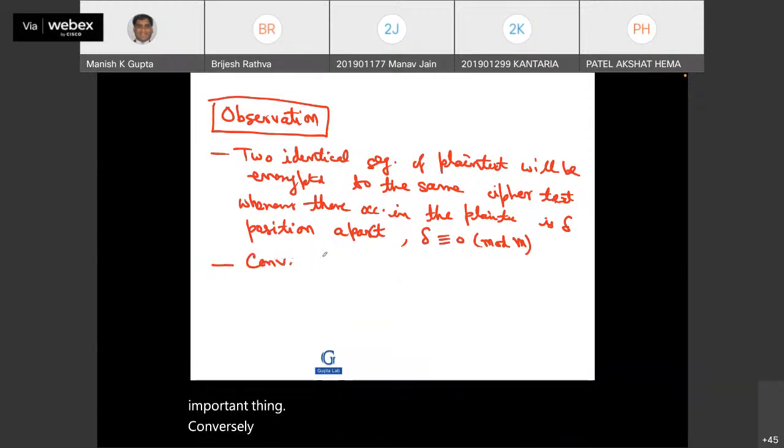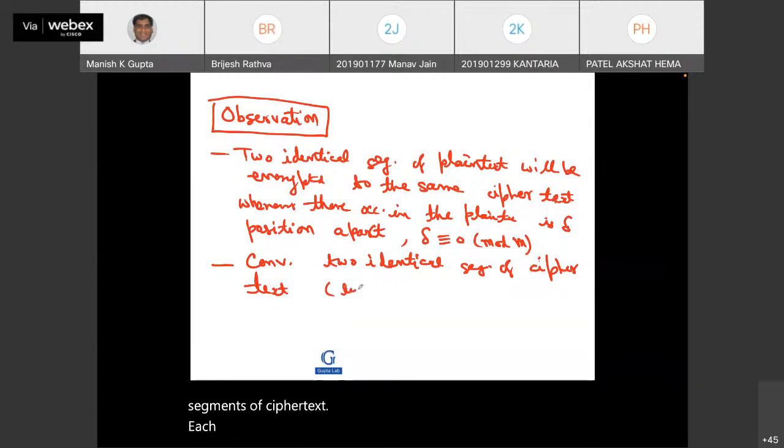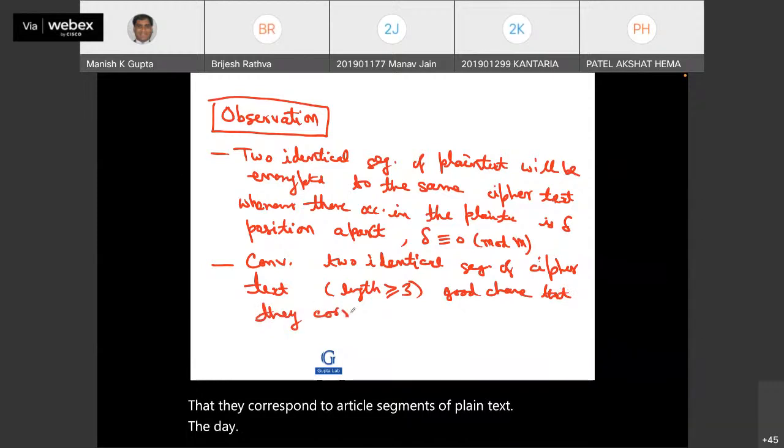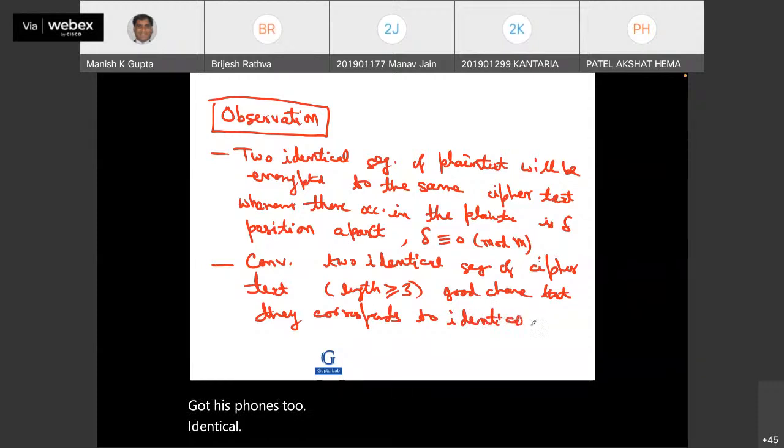Conversely, we have something similar. If you observe two identical segments of ciphertext, each of length at least 3, then there is a good chance that they correspond to identical segments of plain text. So this is a beautiful observation.